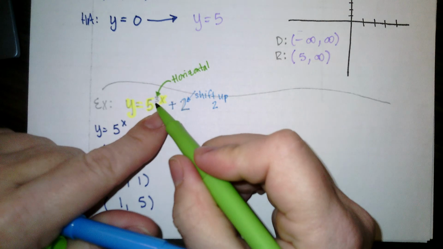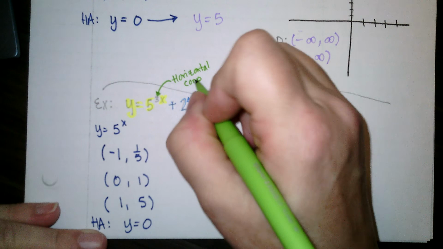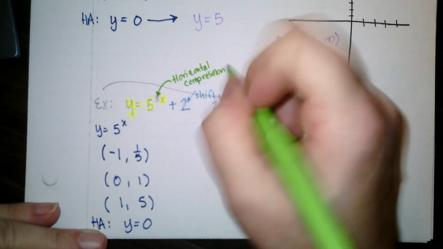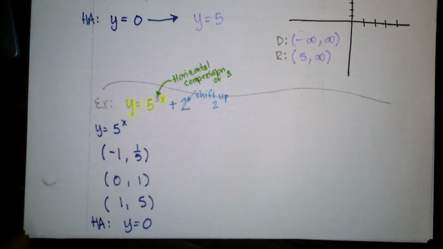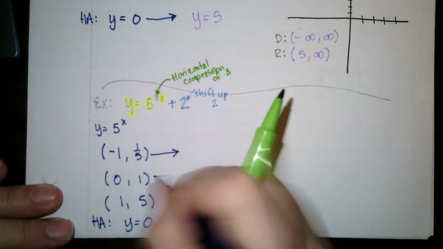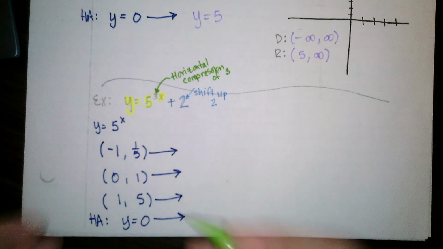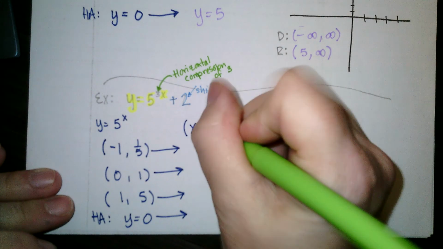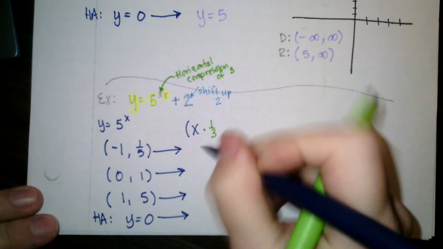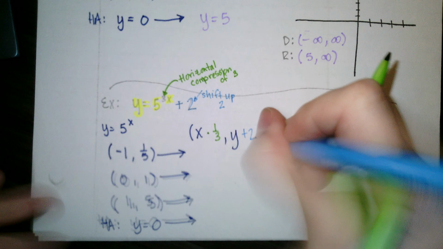That number is bigger than 1, which means it's going to be a horizontal compression. So what that tells us to do is to take all of our x's and multiply them by 1/3. So we're going to either divide them by 3 or multiply them by 1/3. And then we're going to take all of our y's and add 2, which will do the shift up 2.